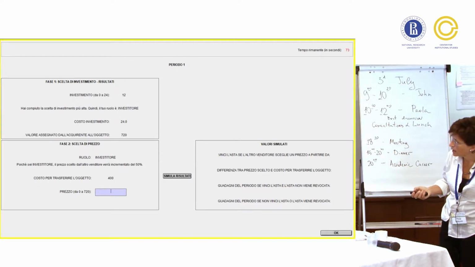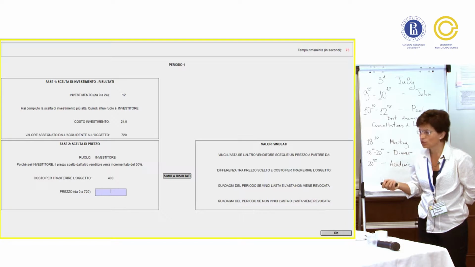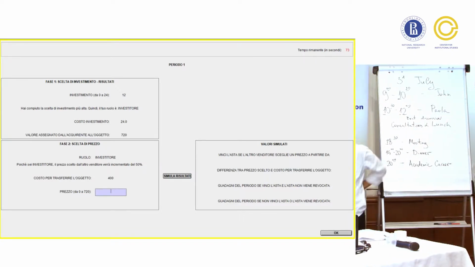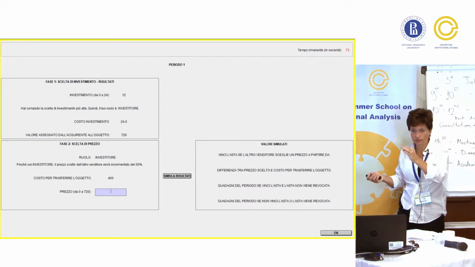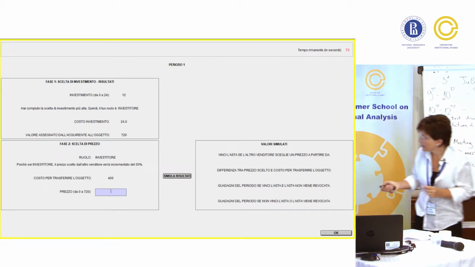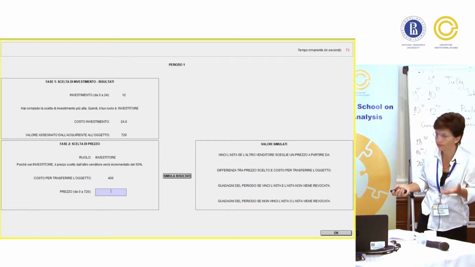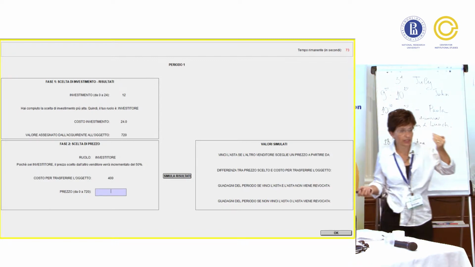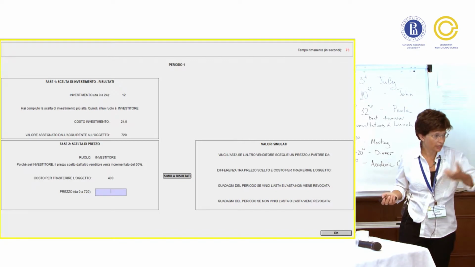Given that you have a production cost, or a cost to transfer this innovation, equal to 400. This was randomly extracted between 0 and 550, if you remember. Your bid cannot be higher than the value of the buyer, because the buyer is not interested in paying more than his value.